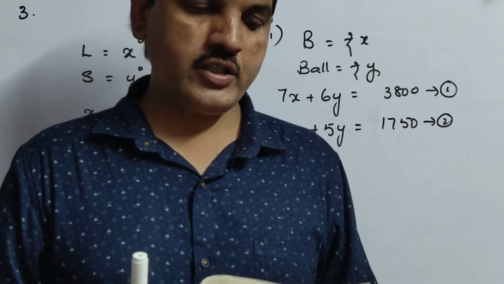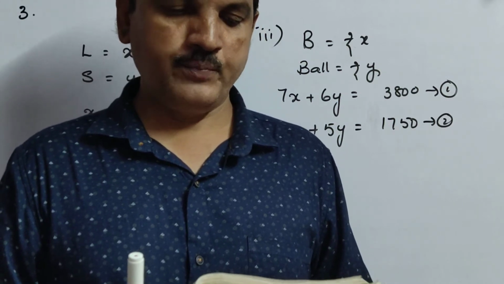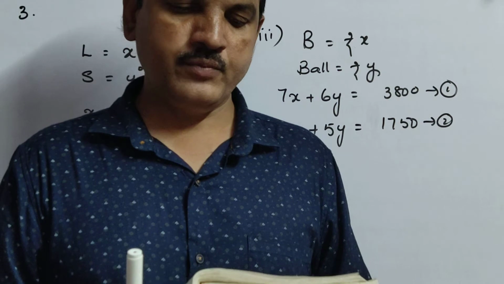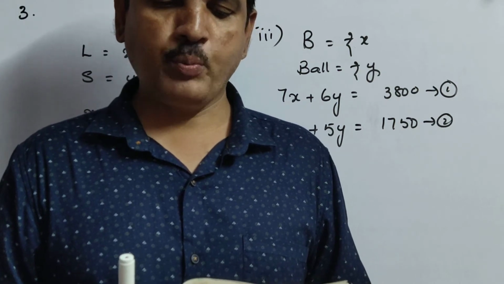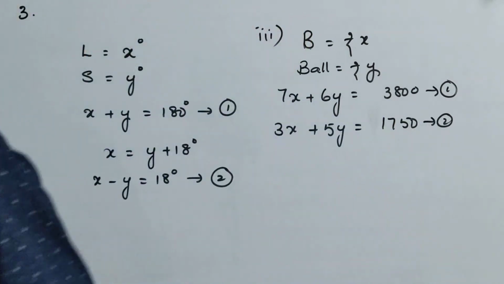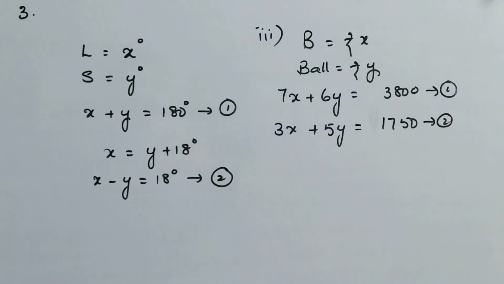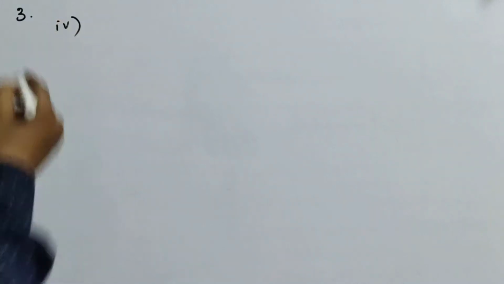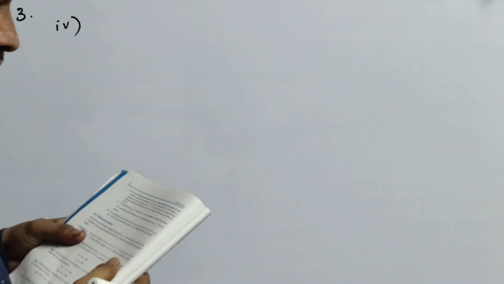What are the fixed charges and the charge per kilometer? How much does a person have to pay for traveling the distance of 25 kilometers? Listen very carefully, children. See the fourth question here.